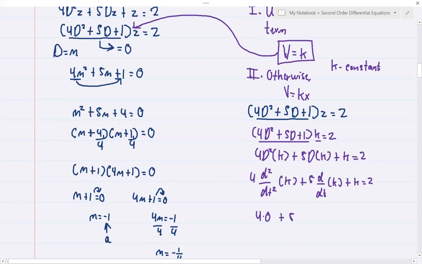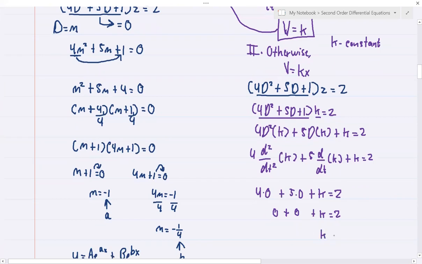Next, the derivative of your k, which is a constant, will also be 0. So 4 times 0 is 0, 5 times 0 is 0, plus k is equal to 2. On the left side you have k, and on the right side you have 2. Therefore, your k is equal to 2.